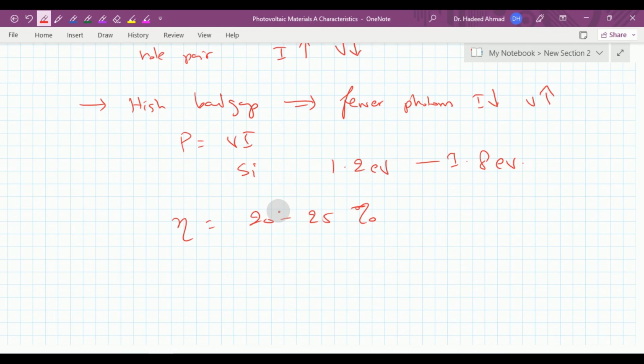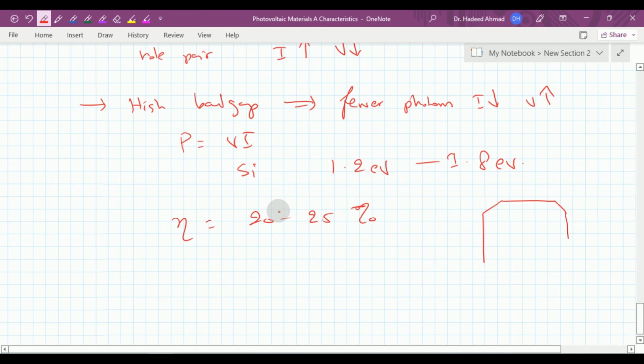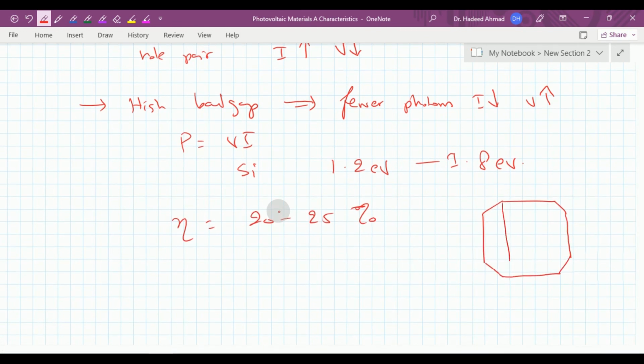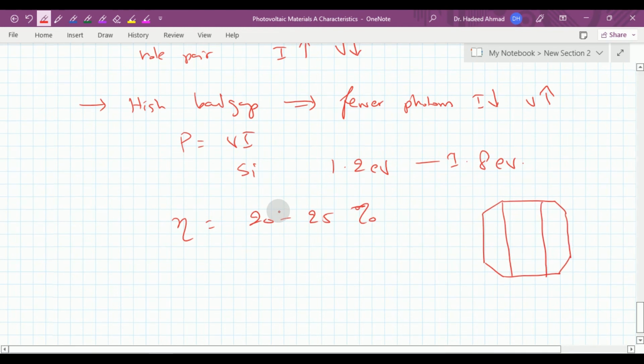At the output, only 1.2 to 2.3% of the voltage is available. And also, in a given solar cell, we have conductors over the cell to collect the charges which are generated because of the photovoltaic effect.